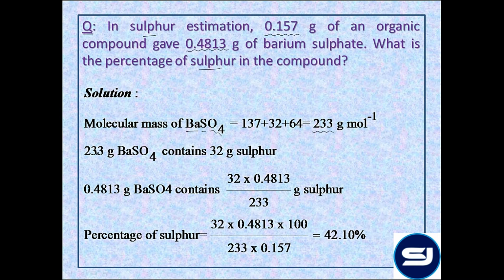Now 233 grams of barium sulfate contains 32 gram of sulfur. So 0.4813 gram barium sulfate would contain 32 times 0.4813 upon 233 gram of sulfur. So the percentage of sulfur would be 32 upon 233 into weight of barium sulfate upon weight of organic sample into 100. On doing the calculation we get 42.1%, that is approximately 42%.